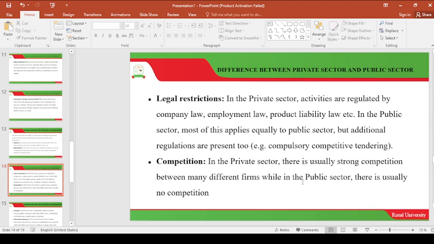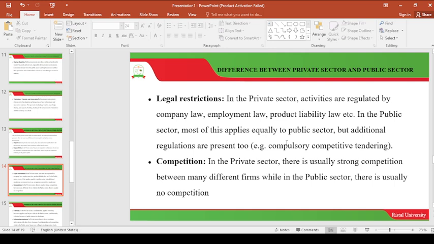But in the private sector, there are many methods of procurement available, so they can choose any method according to the policy or the procurement in question. So they may go for direct procurement, single sourcing, request for proposals or request for quotations. All these are available in the private sector.